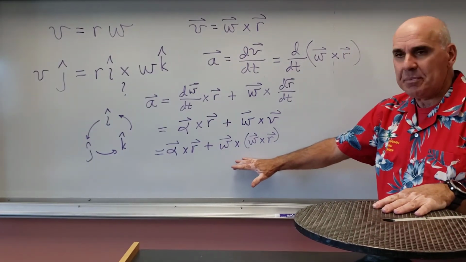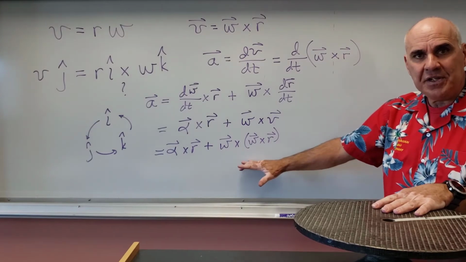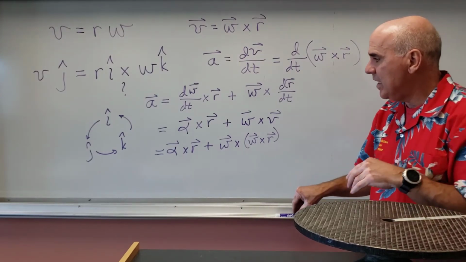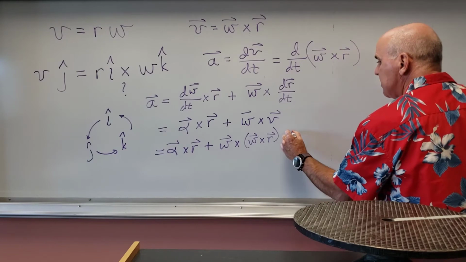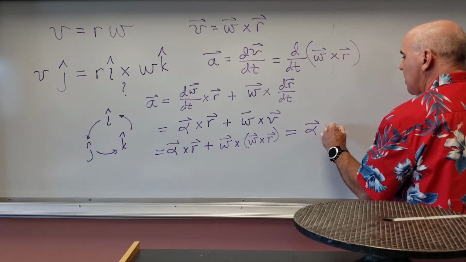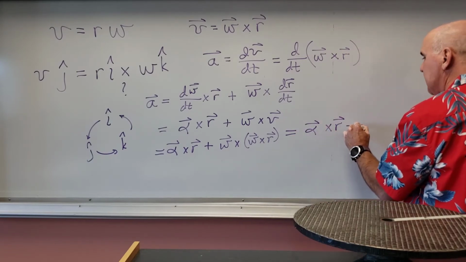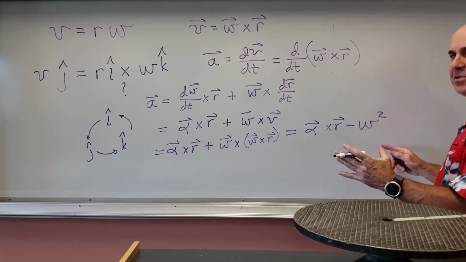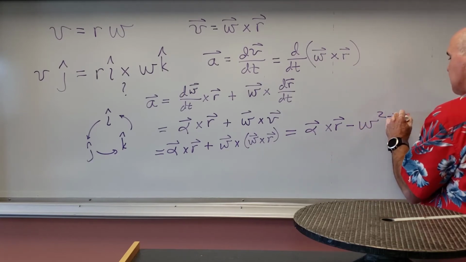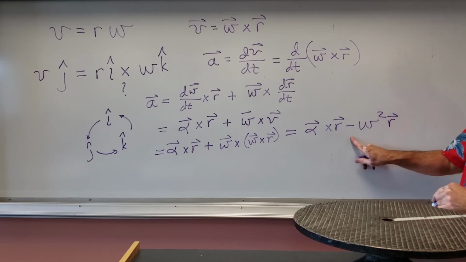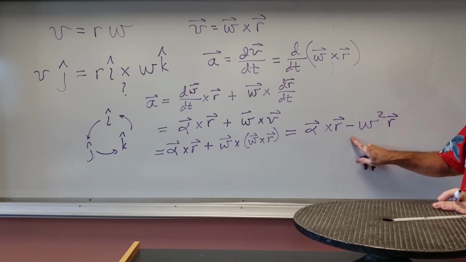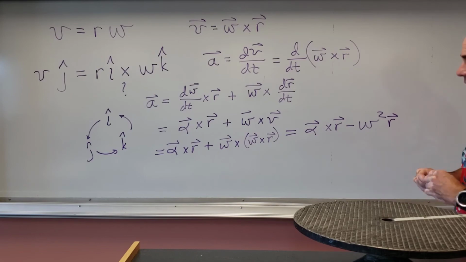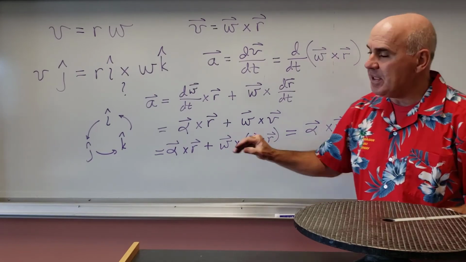This is the centripetal acceleration. Go back to the videos again on radial transverse, and you'll pull that out of there. So this is alpha crossed r minus omega squared, no vector, just the magnitude of omega squared times r. So it's in the direction of r, but inward, points towards the origin, right? And that's what I'm going to get for the acceleration.